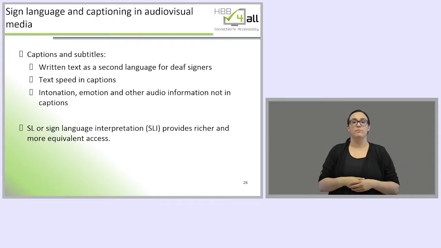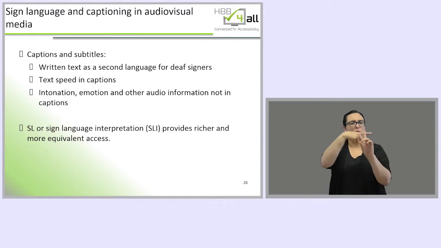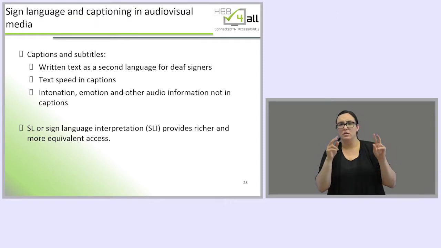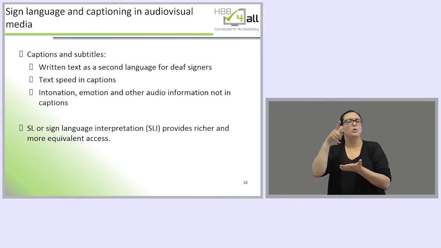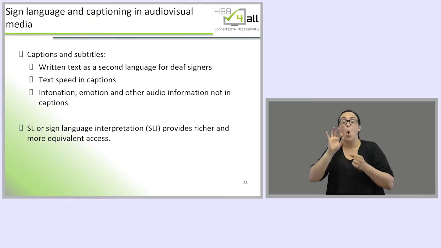Also, very importantly, deaf users have different levels of ability regarding their second language, which is spoken language, either in speech form or written text.